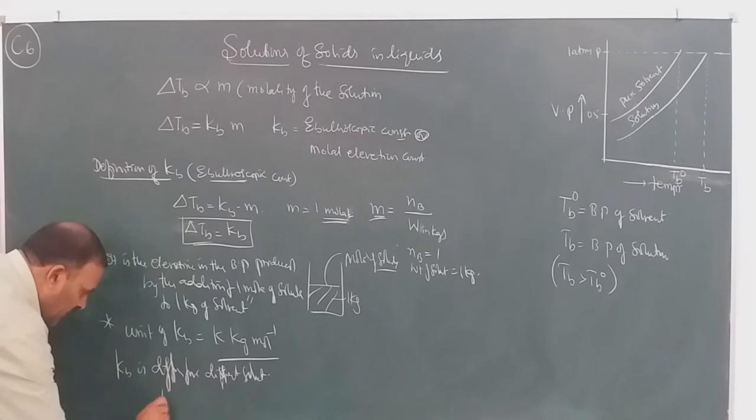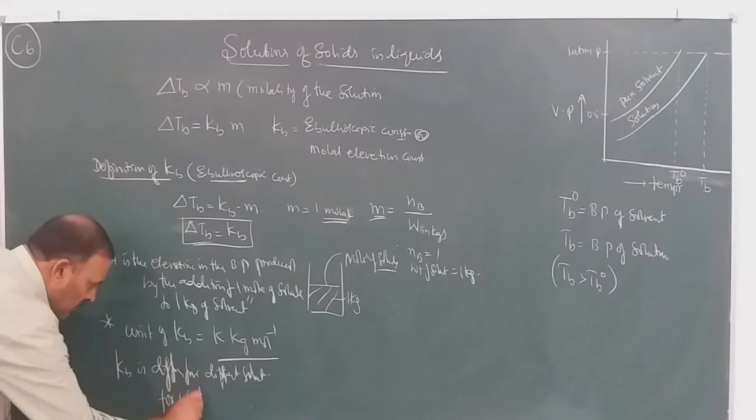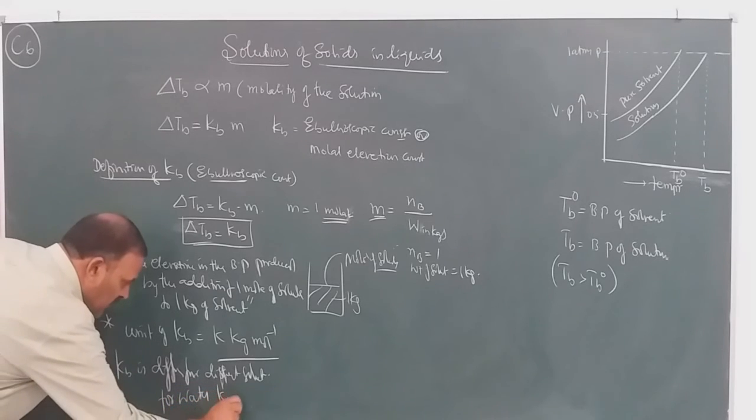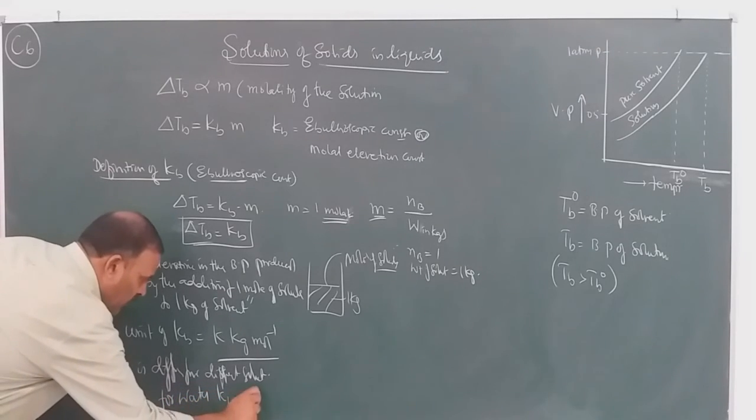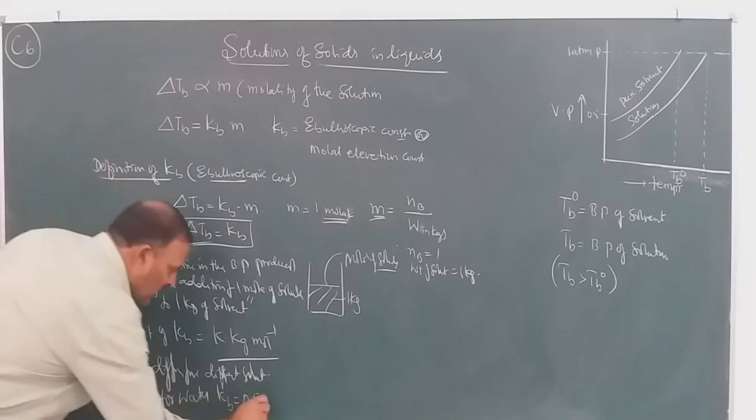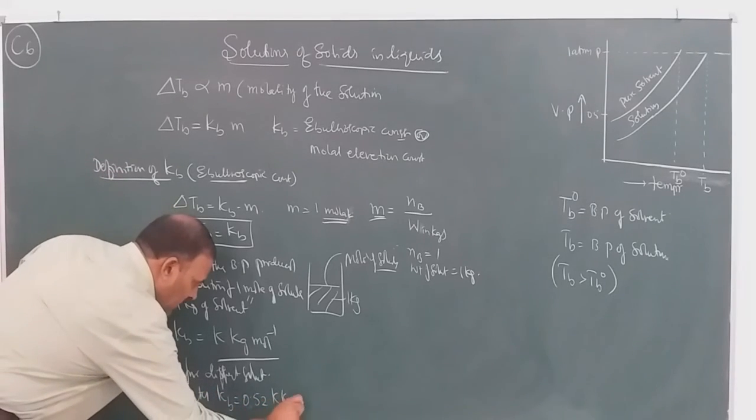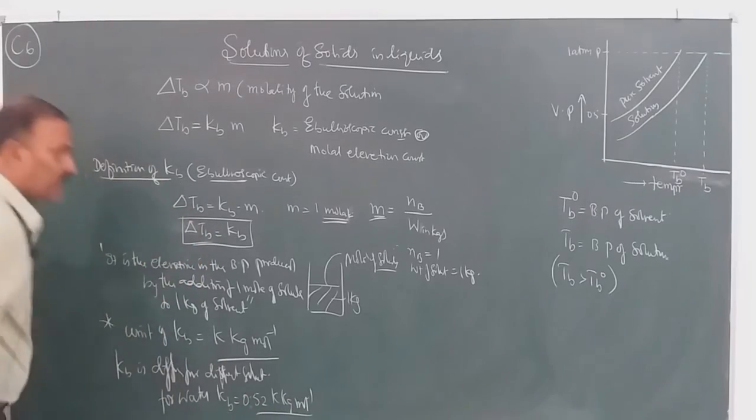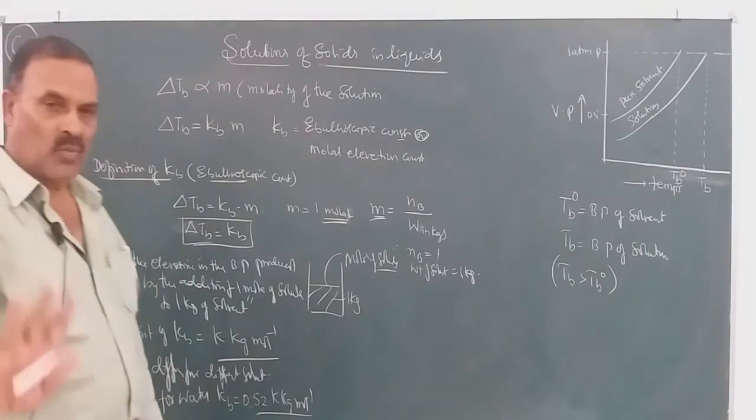For water, Kb is equal to 0.52 Kelvin kg mole minus 1.